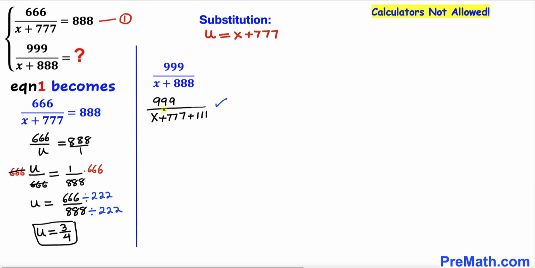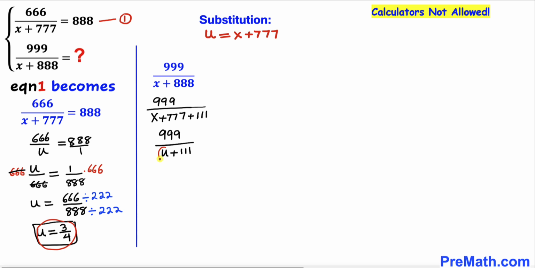And now let's focus on this denominator part. x plus 777, we know that is equal to u. So therefore, this expression could be written as 999 in the numerator, and the denominator is going to be u plus 111. And we know that our u value is 3/4.